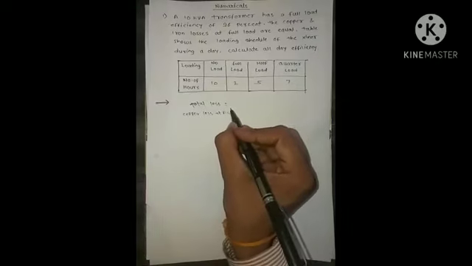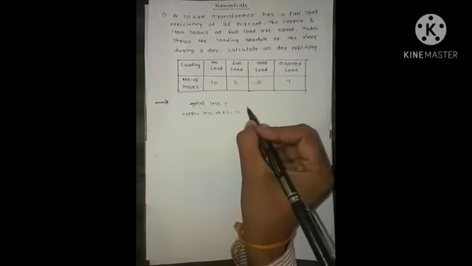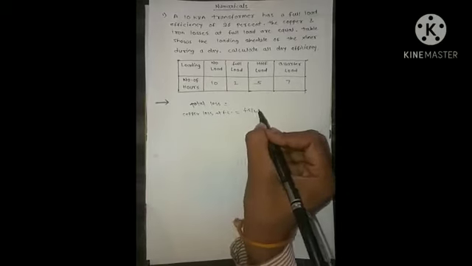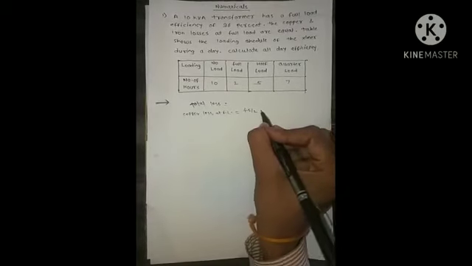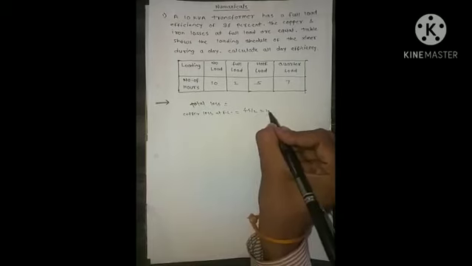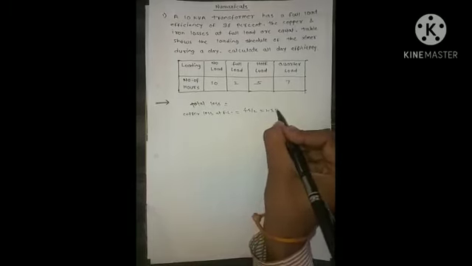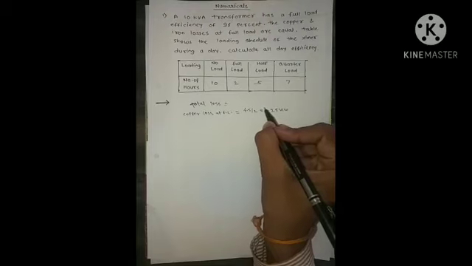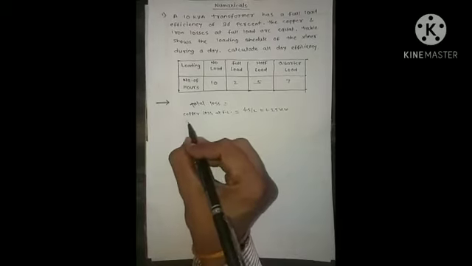Copper loss at full load equals 4.5 upon 2, which equals 2.25 kilowatt.